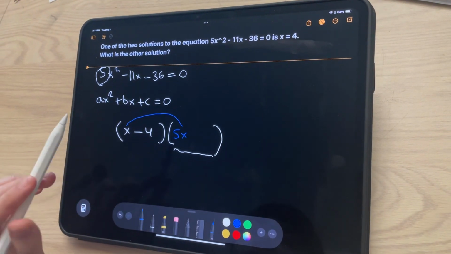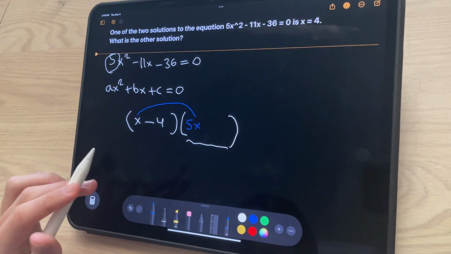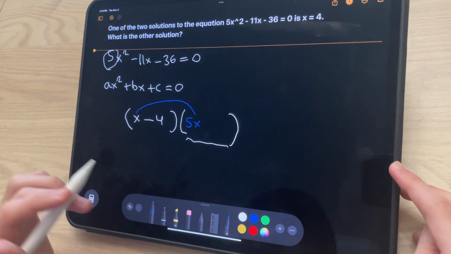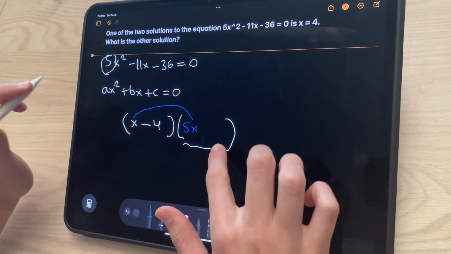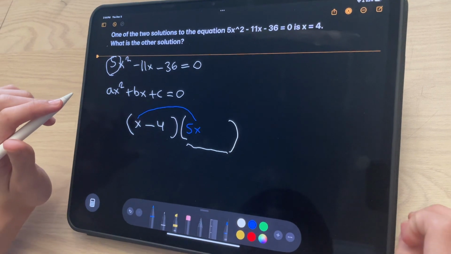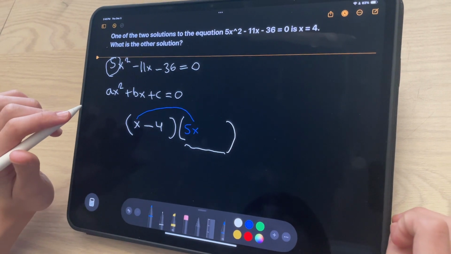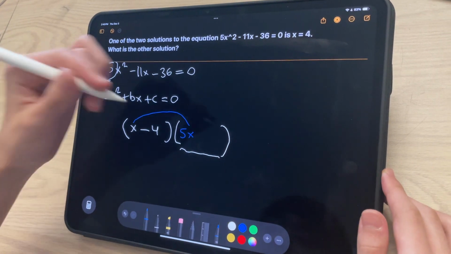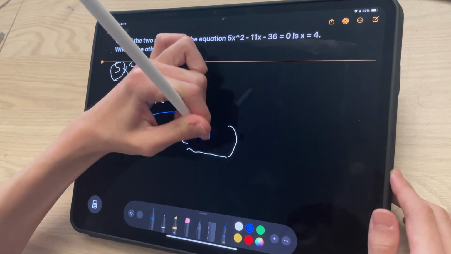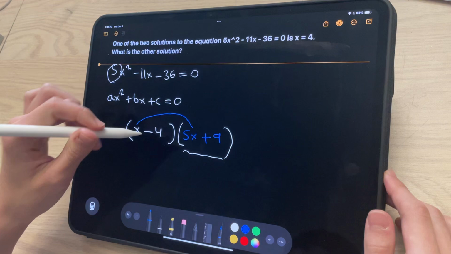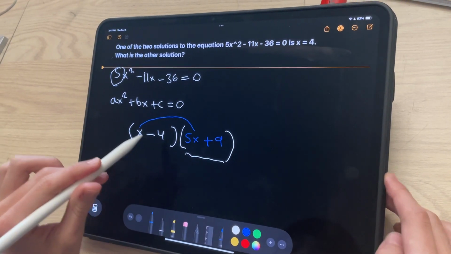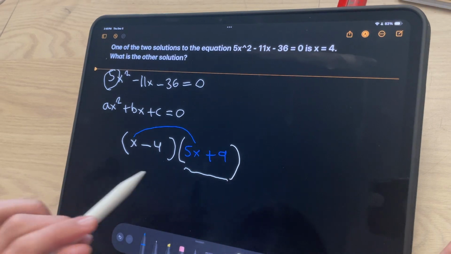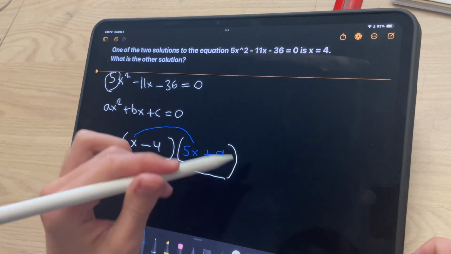You might need to do a little trial and error, but usually the first one that comes to mind is 9. I can't think of any other numbers that work off the top of my head, so I chose 9 to begin with. And it must be positive 9, because 9 times negative 4 is negative 36. Okay, so we've got our completed second binomial.